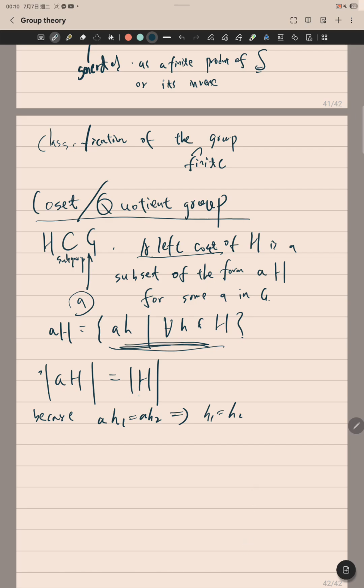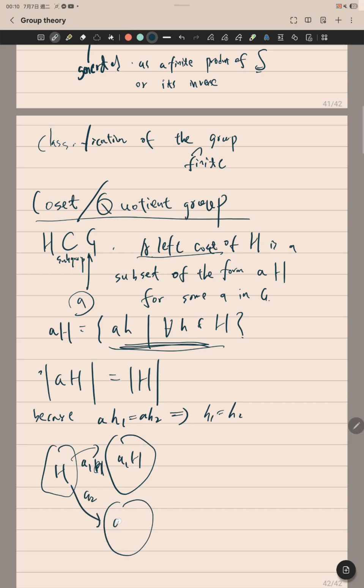So aH has the same cardinality as H. You can view this as H. If I multiply by a1, it becomes a1H. When I multiply by a2, it becomes maybe a2H. But sometimes when I multiply by a3, maybe they become the same, maybe a2H equals a3H. So there will be some repetition.